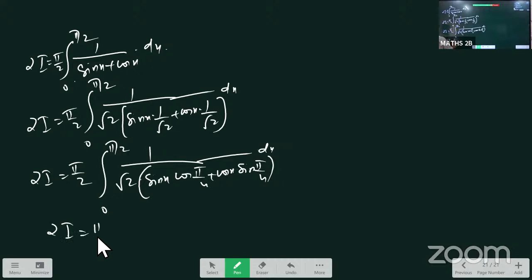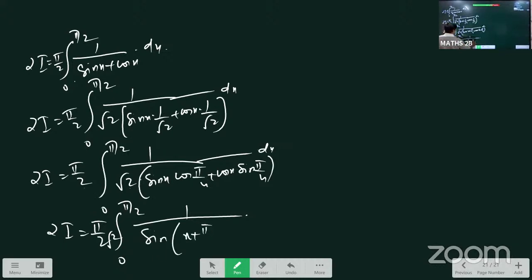Then this root 2 I will write outside, so it becomes 2 root 2, and this is sine of x plus pi by 4 dx.